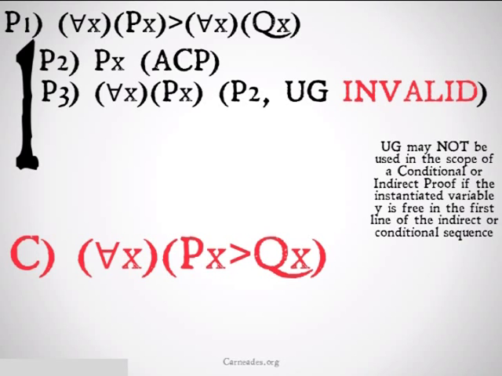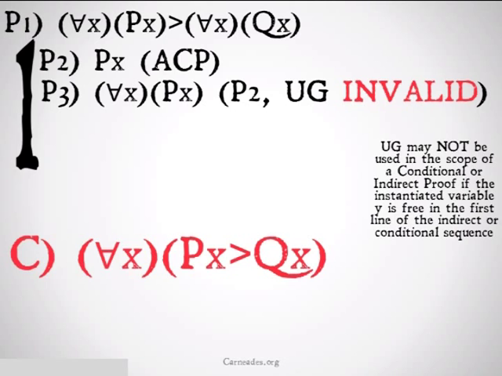Then you would universally generalize premise 2 to for all x, x is a P. It's going to be invalid because, as we said, we can't use universal generalization when the variable is free. x is free in that first line, P2. It's free because we don't have any quantifiers around it. There's no for all or there exists. We're not allowed to use universal generalization.